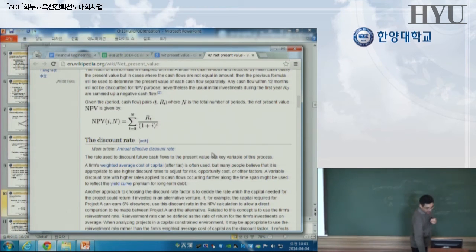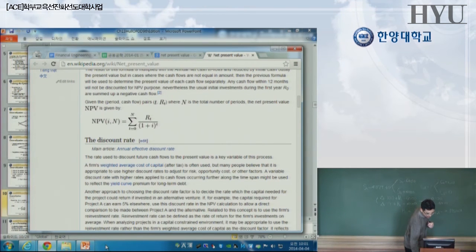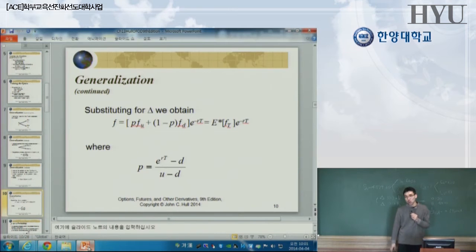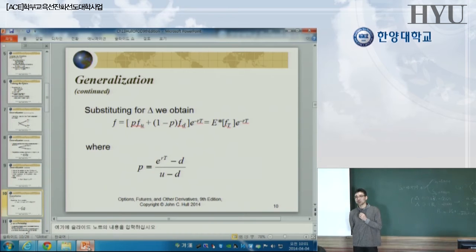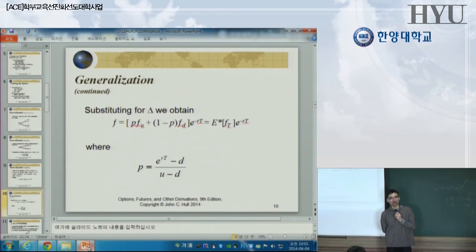But in this case, interestingly, we discounted with risk-free rate, right? As if there is no risk. In corporate finance, we never discount with risk-free rate. We have to adjust the risk, and if there is a higher risk, we have to use a higher value of R. So that's the key difference.